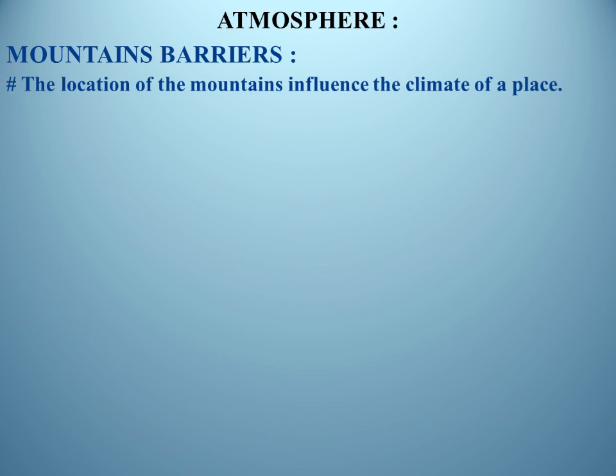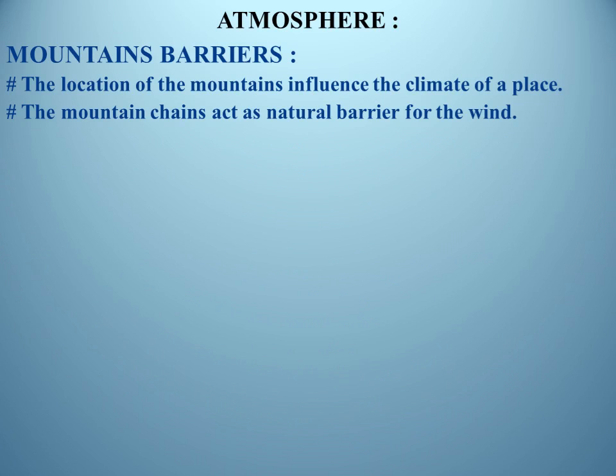Mountain chains act as natural barriers for the wind. Sometimes they prevent the entry of cold winds into the country or the escape of monsoon winds, thus having a great influence over the climate.